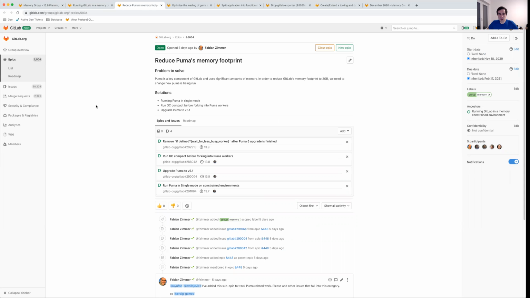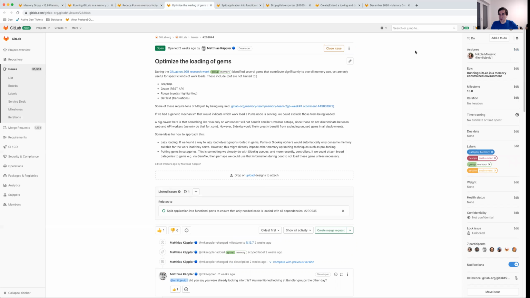There are some changes to the GC compaction before forking Puma workers that are going to happen in 13.8, and also running Puma in a single mode for a constrained environment. Those are ongoing efforts, and working with Puma and configuring it in such a way that it reduces memory is one of our priorities.